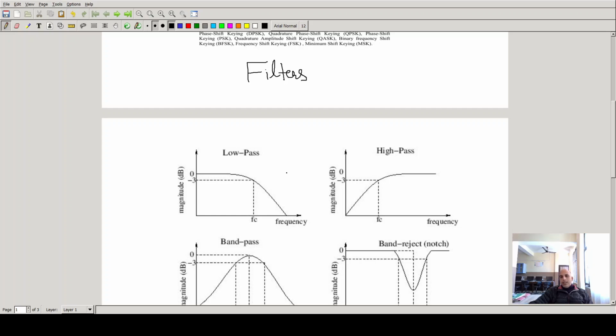In that course, filters were very simple kind of filters. They were passive filters basically, and they were used to make the output of a rectifier smooth.